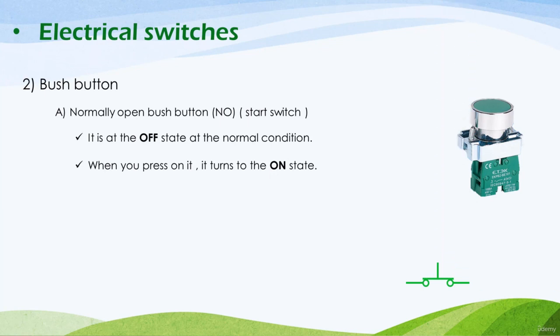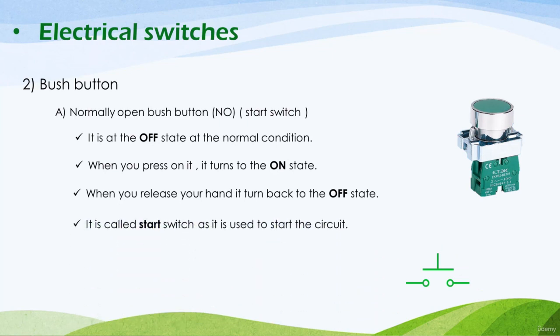And when you release your hand from the switch, it turns back to the off state automatically. And this normally open push button is called the start switch. And this is because it's used to start the controlling circuits, because it turns to the on state when you press on it. Hence it's used to start the circuits, and for that it's called a start switch.